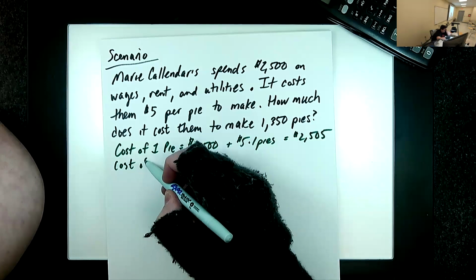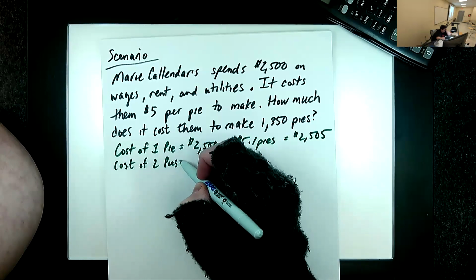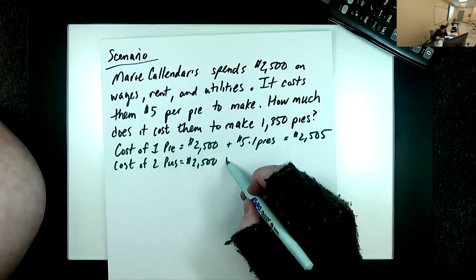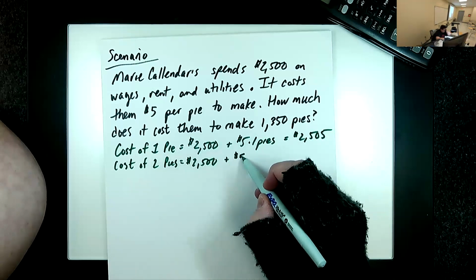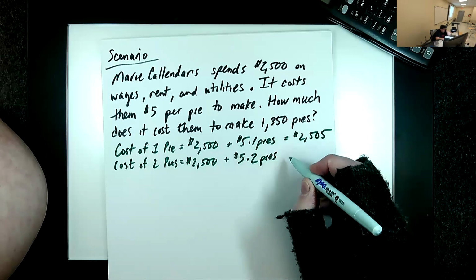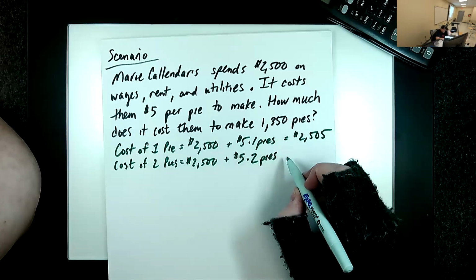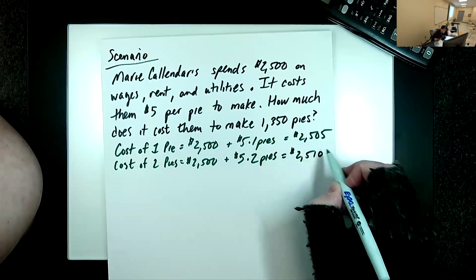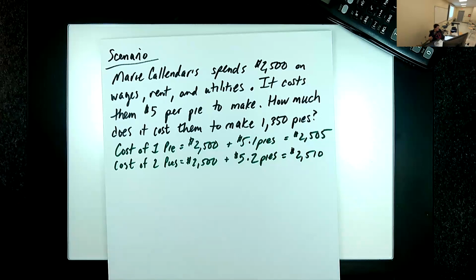Cost of two pies, the same 2,500. Then they've got $5 and it's two pies they're making. So two pies is $5 each. 5 plus 5 is 10. We've got $2,510. But rather than doing 5 plus 5 is 10, we're going to write it as 5 times 2.